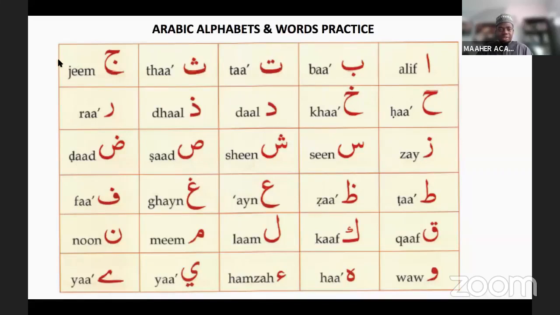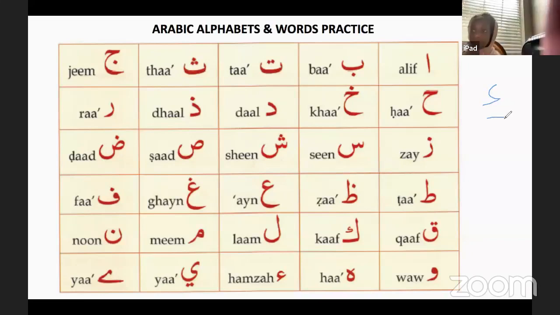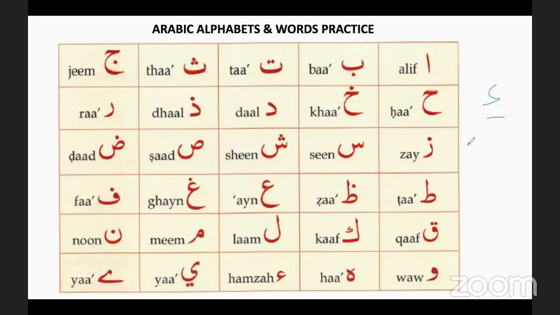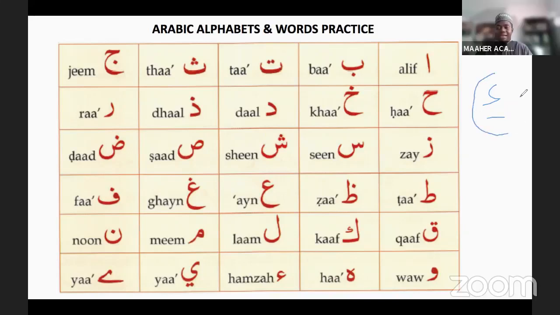Who's going to tell me when the hamza has a kasra, how do you sound it? Fatima, is that Fatima? When the hamza has a kasra, how do you pronounce it? Okay, no worries. You don't know the sound yet. The kasra is an e sound, and so when the hamza has a kasra, it's going to sound e.